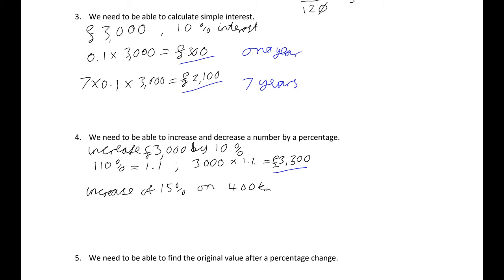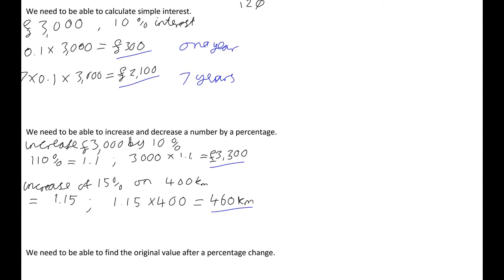So for a 15% increase, we do 100% plus 15, 115% equals 1.15. So we do 1.15 times 400, and that gives us 460 kilometres. Okay, that was percentage increases.